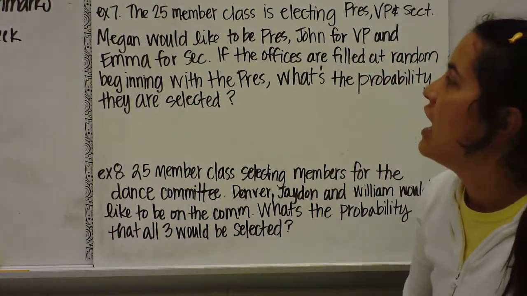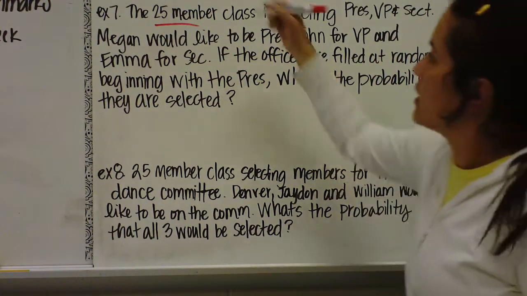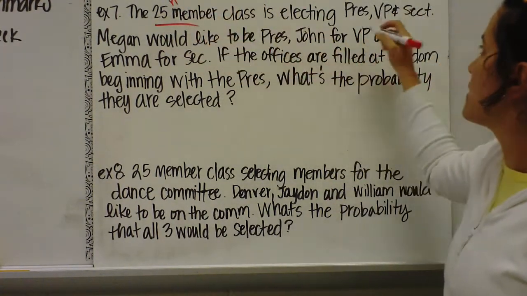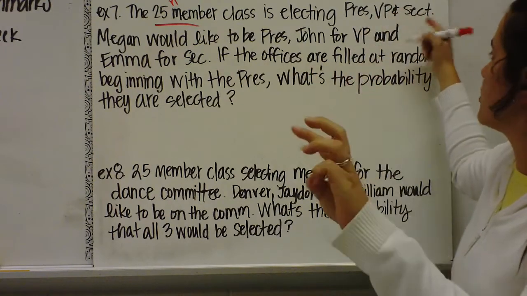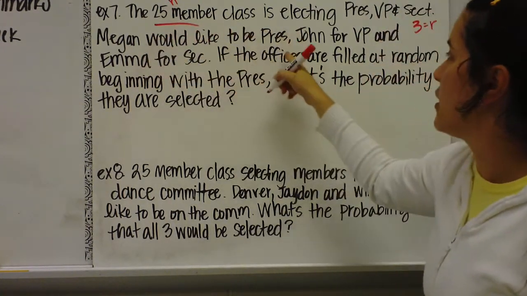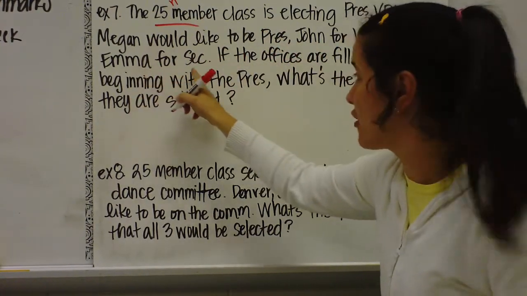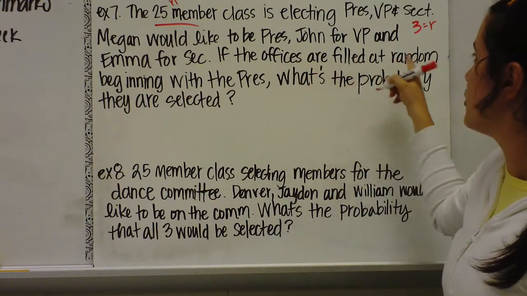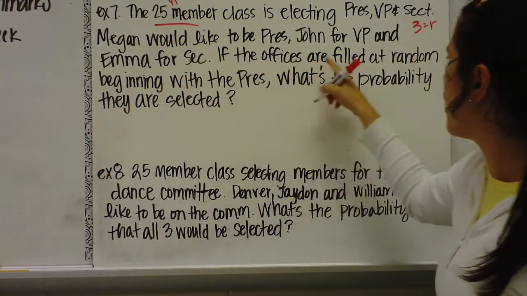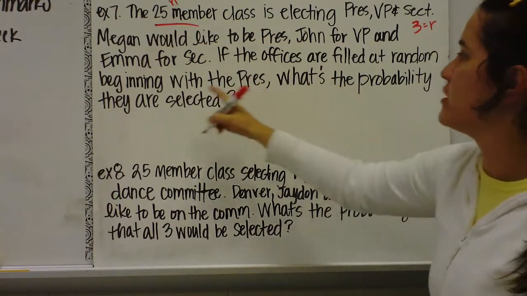All right. So the 25-member class, so there is our N, is electing a president, vice president, and secretary. So 3. Megan would like to be president, John for vice president, and Emma for secretary. If the offices are filled at random, beginning with the president, what is the probability they are selected?